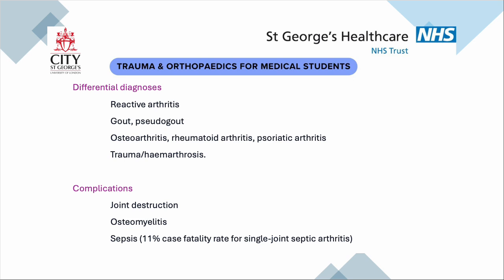you destroy the joint, which then means you've got an arthritic joint, which then means that you may need to be thinking about a joint replacement. And unfortunately, if you've got a background of septic arthritis, you're then jeopardizing any primary joint replacement that you put in to getting that infected.